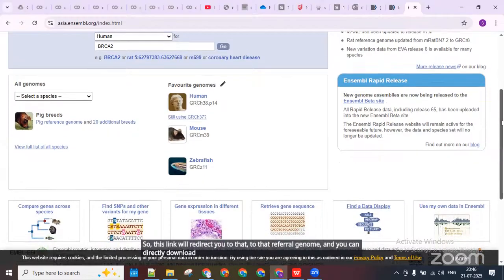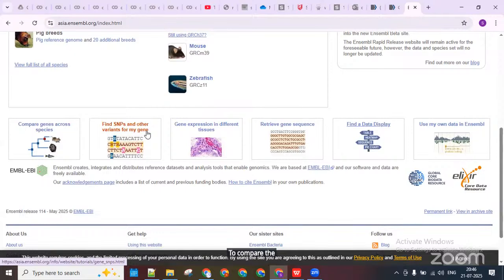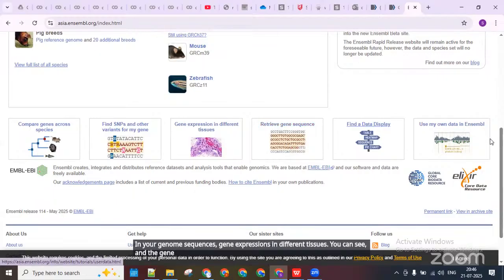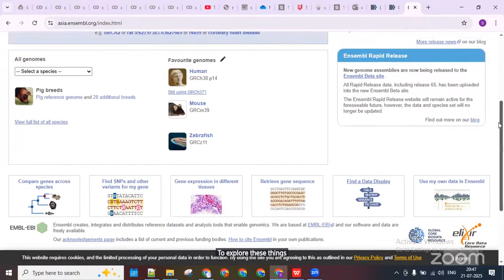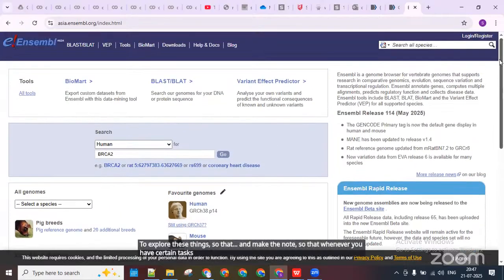There are other options to compare genes, to find SNPs, mutations and alterations in your genome sequences, to see gene expressions in different tissues, and to retrieve gene sequences. Okay, so it is your task to explore these things and make notes, so that whenever you have certain tasks, you know which database to go to.